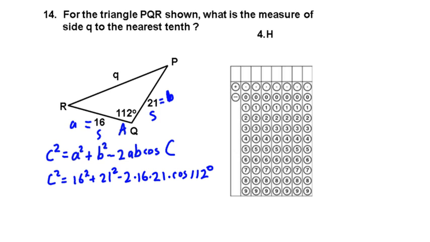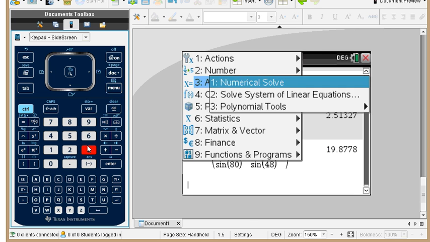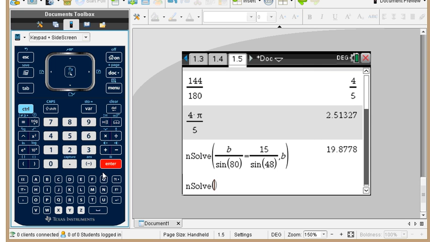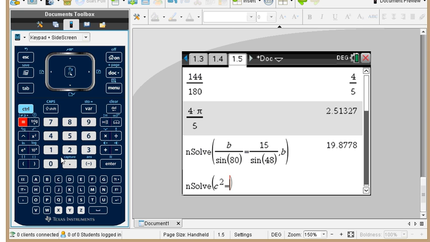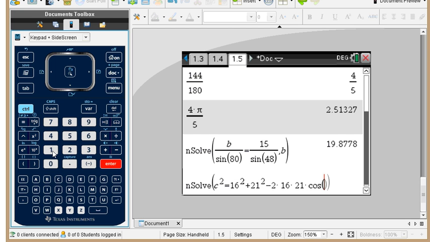And so like we did in problem 13, we're going to use numerical solve, menu 3, 1, and we have c squared equals a squared, which is 16 squared, plus b squared, which is 21 squared, minus 2 times a, which is 16, times b, which is 21, times the cosine of c, and angle c is 112 degrees.